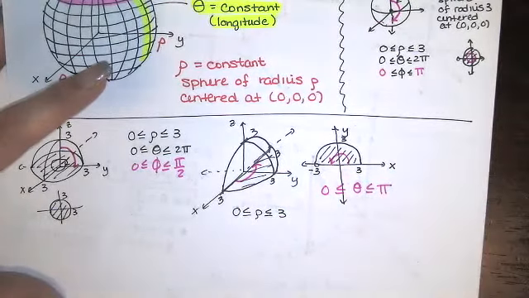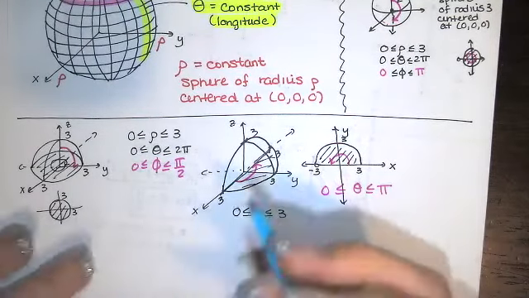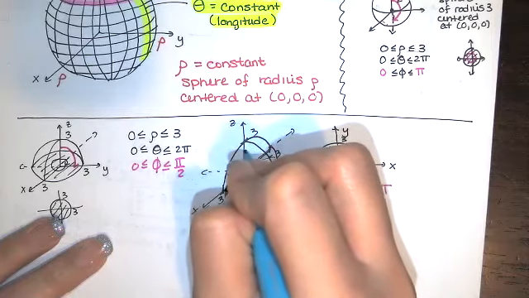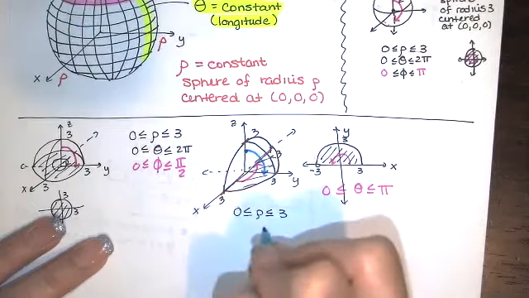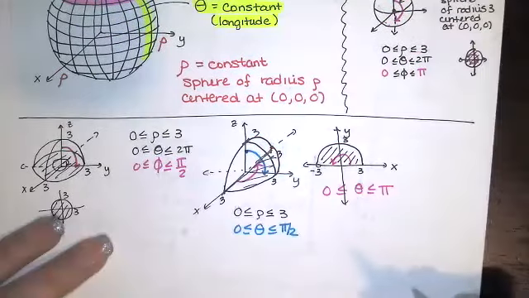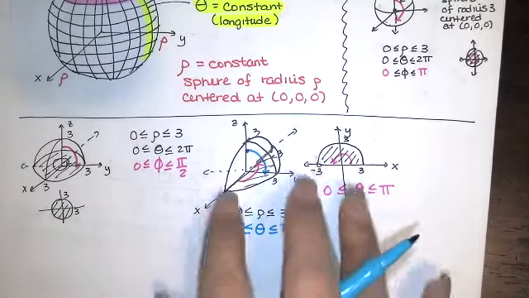And phi, that's an angle that we're making with the positive z-axis. So phi is an angle that sweeps down. So phi goes from 0 to pi over 2. So these are the appropriate bounds for this region.